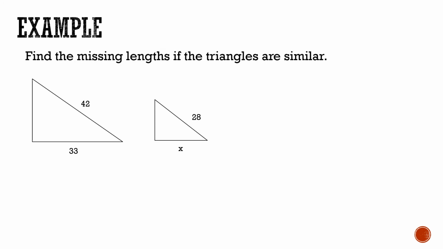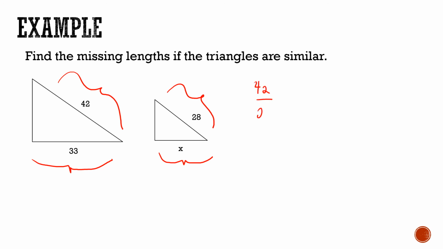Find the missing blank if the triangles are similar. Now, we know that this side of the given triangle corresponds to this side of the other triangle, same as this side is similar to this side. So we can write this as 42 over 28 is equal to 33 over x.